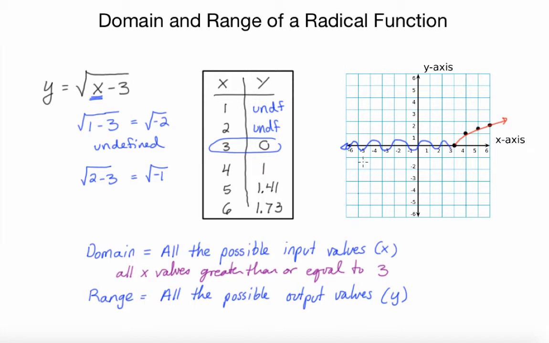Okay, but there's some limitations to my y values as well. If I'm looking at my y values, the first y value I get is 0 and then everything seems to get bigger. I look at my graph and I don't have any negative y values. In particular, if x has to be 3 or greater, I'm going to get a non-negative number into the square root, and the square root of a positive number always stays positive.